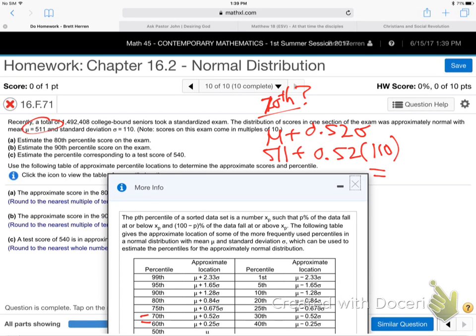What's 511 plus that? 57.2, so is it 568.2? And that's too high, huh? Did I do that right? That's coming out too high. So he's probably 60th, huh?